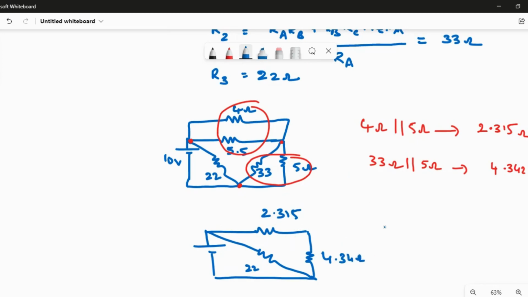Now 2.315 and 4.342, those two are in series, so we add 2.315 plus 4.342, and replace those two with 6.657.